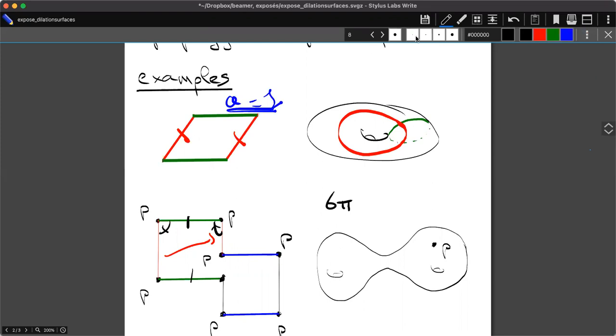You see, this is a well-defined foliation because when you arrive on one side of the polygon, you will glue it in this case with a translation map, and the foliation is therefore well defined because the translation will not change it.